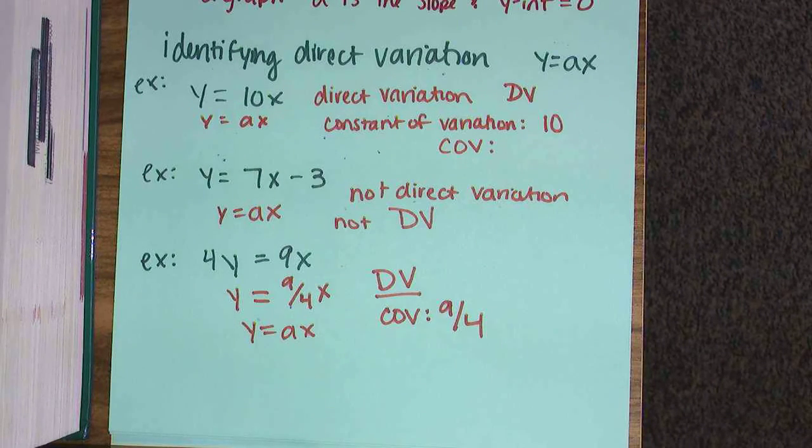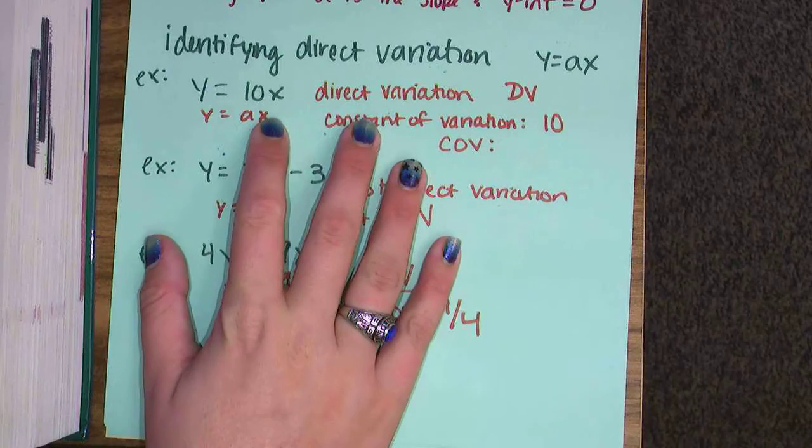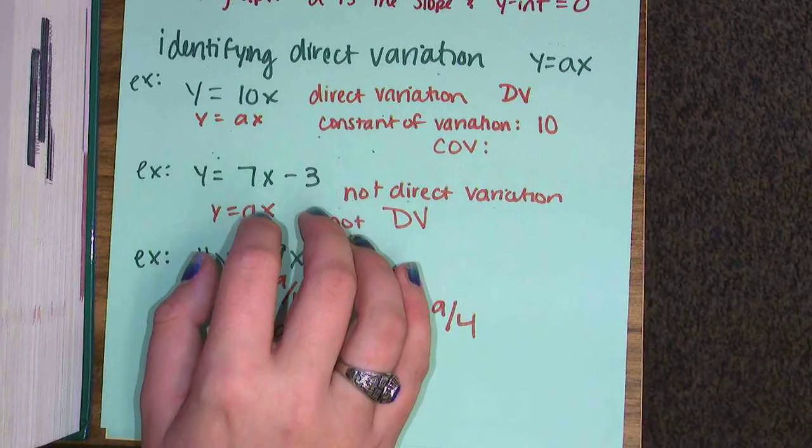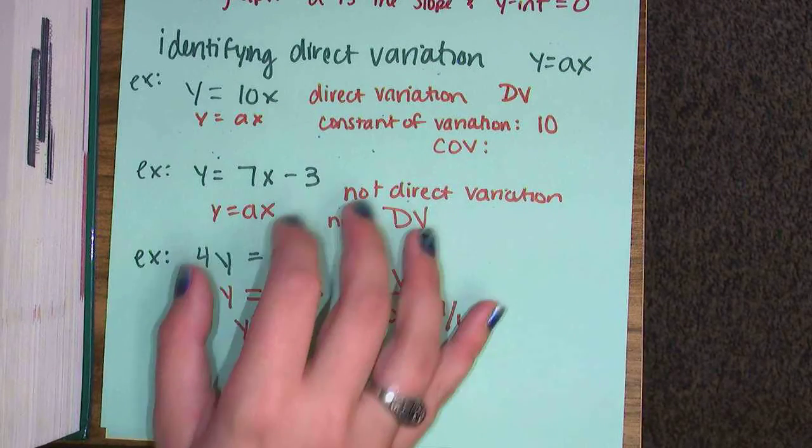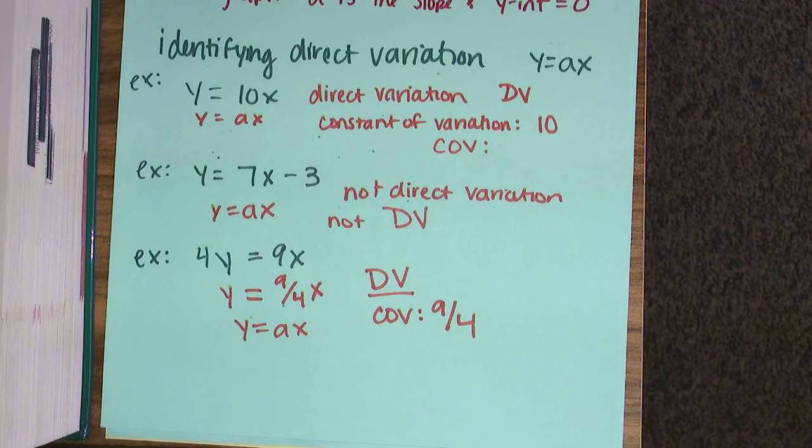We can tell if the variables vary directly, and if we know that they do, then we can find the different values given one or the other of the variables. But the big thing is I want to make sure you guys can tell the difference between direct variation and it not being direct variation, because if you can do that, then that will help significantly in doing these problems.